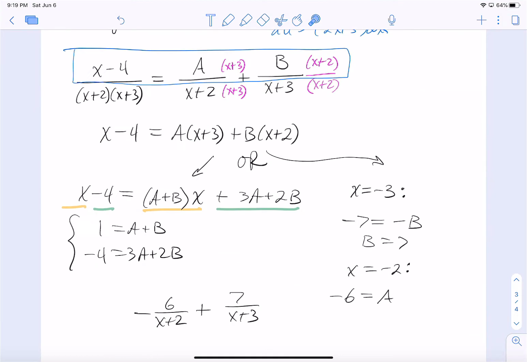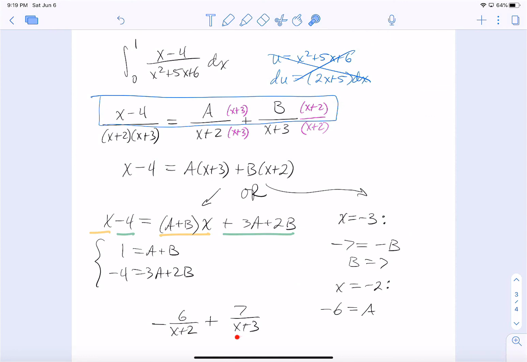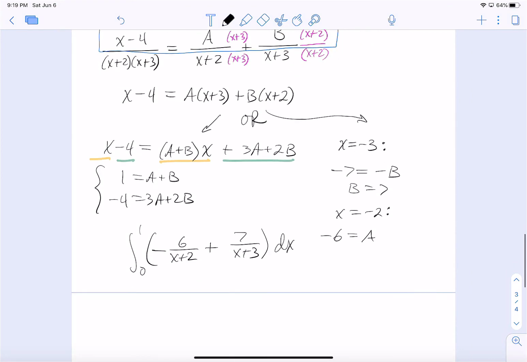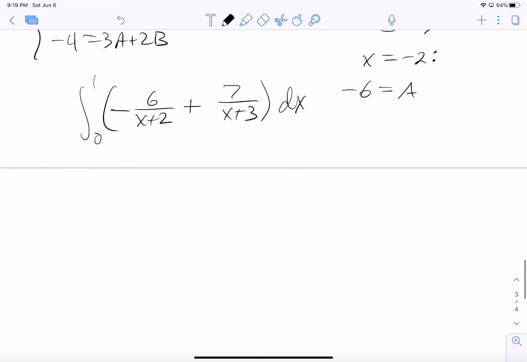Now this set of fractions, negative 6 over x plus 2 plus 7 over x plus 3, replaces the original integrand. Therefore, we now have the integral from 0 to 1 of negative 6 over x plus 2 plus 7 over x plus 3 dx. And it's that we're going to integrate now. In both of these cases, the denominators x plus 2 and x plus 3 have derivatives of dx, if you're thinking about a u substitution.